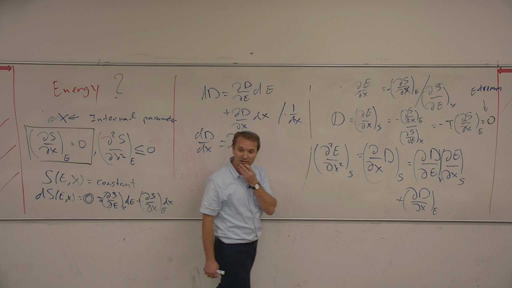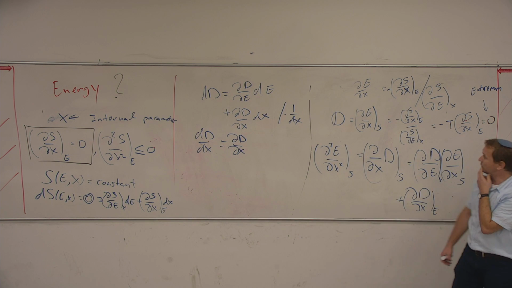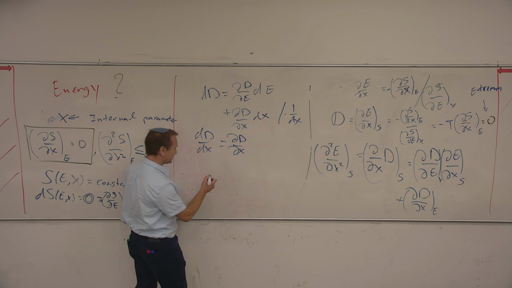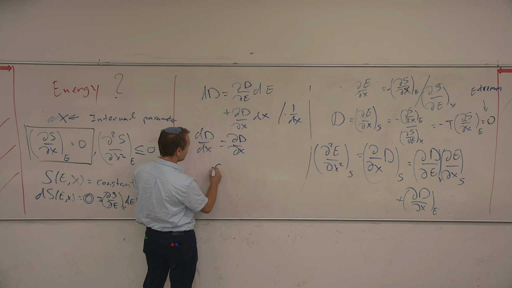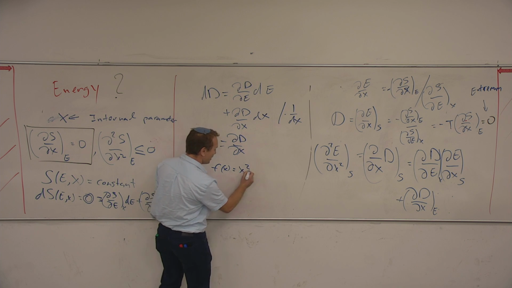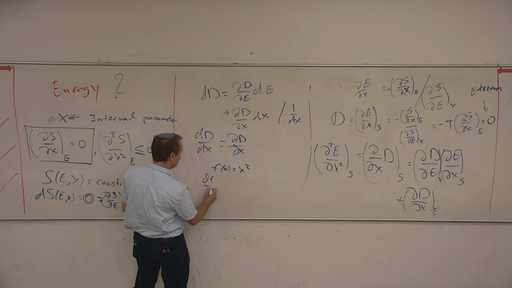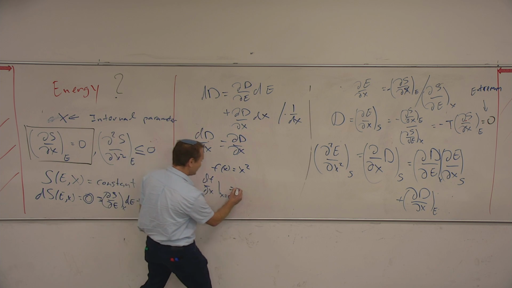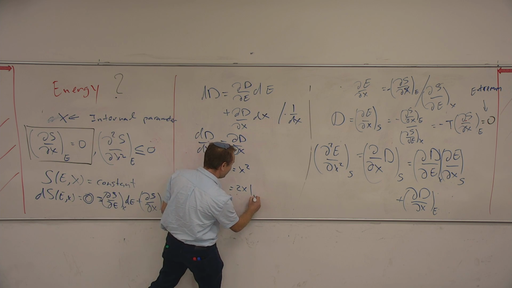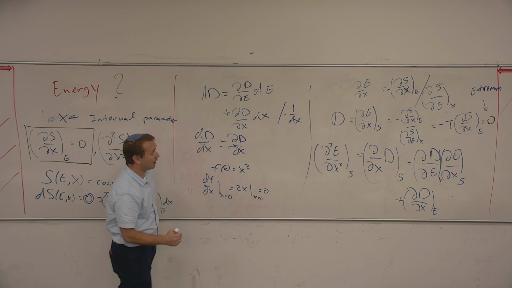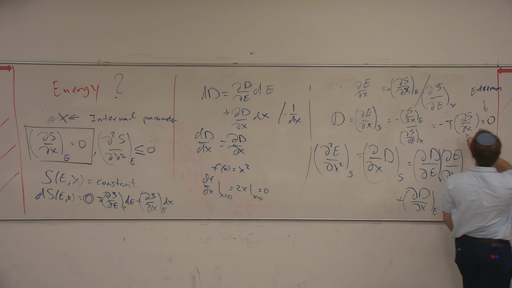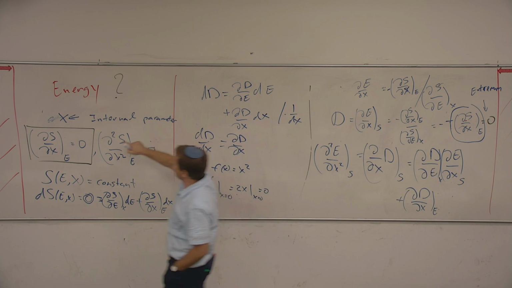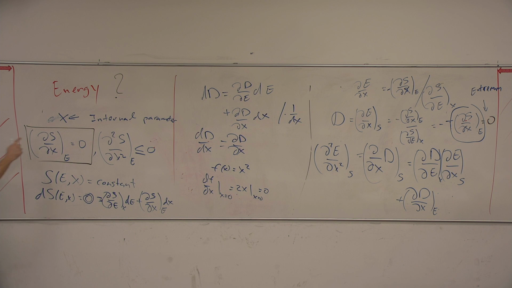Let's do it like this. f of x equals x squared. df/dx at x equals 0 is 2x, which equals 0. So we are putting some variable in. At what point have we computed it? And this we say is always satisfied. Always.